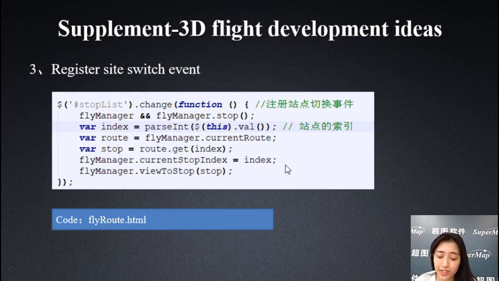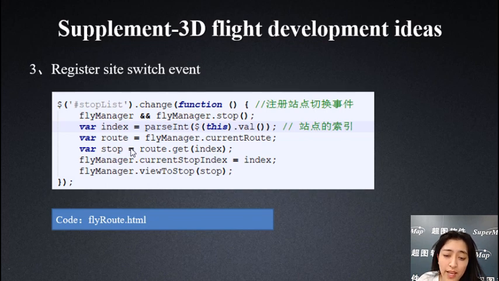And first it judges whether the fly route exists, and then we get the index of the stop by the flight manager and the current route, getting the current attribute of this route through route dot get, and it gets the index of our stop, which is transferred to the stop object.